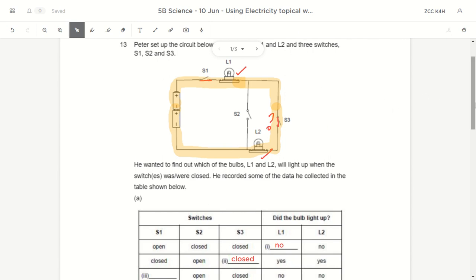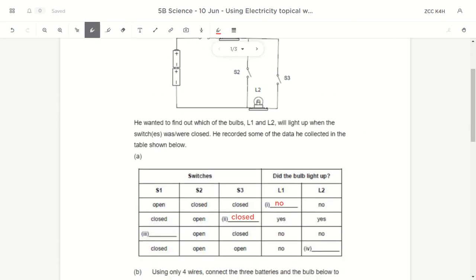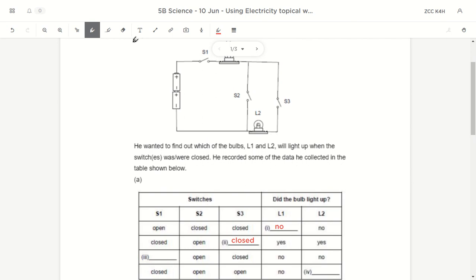Right, let's go to the next one. Let's erase everything away first. For the next one, we don't know about S1, so we put a question mark at S1. We know S2 is open, leave it open. We know S3 is closed. Now we know that both bulbs did not light up. Use a highlighter.